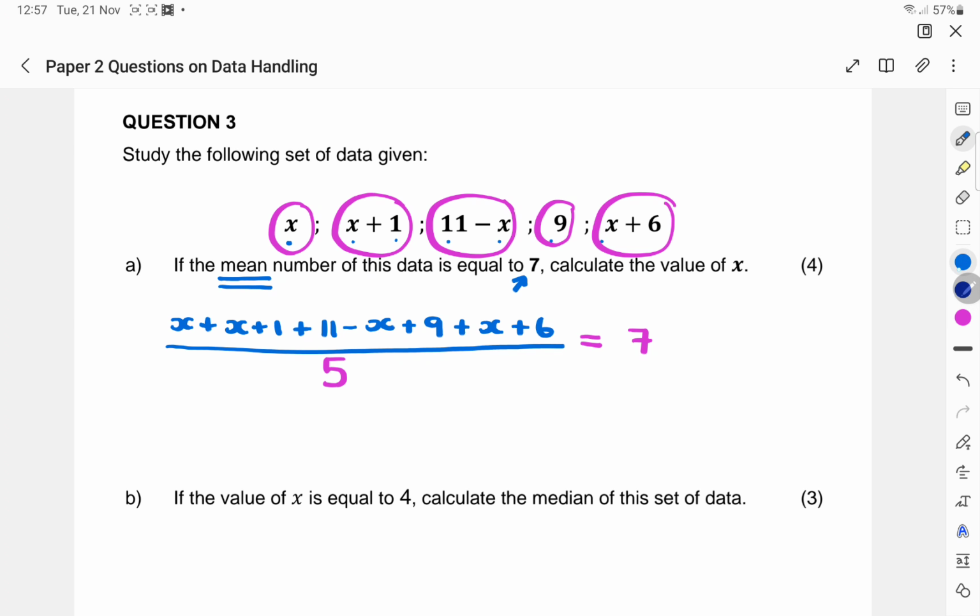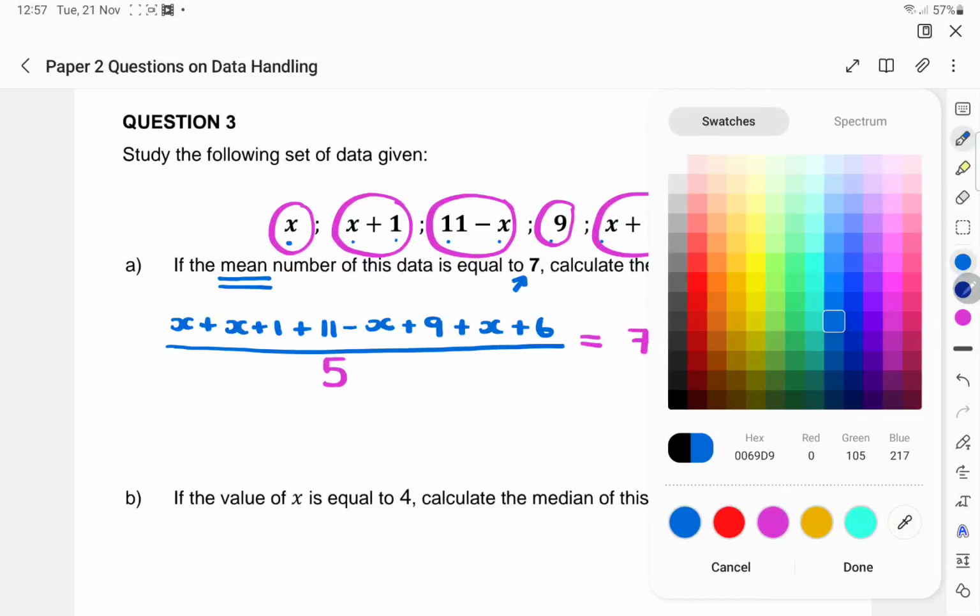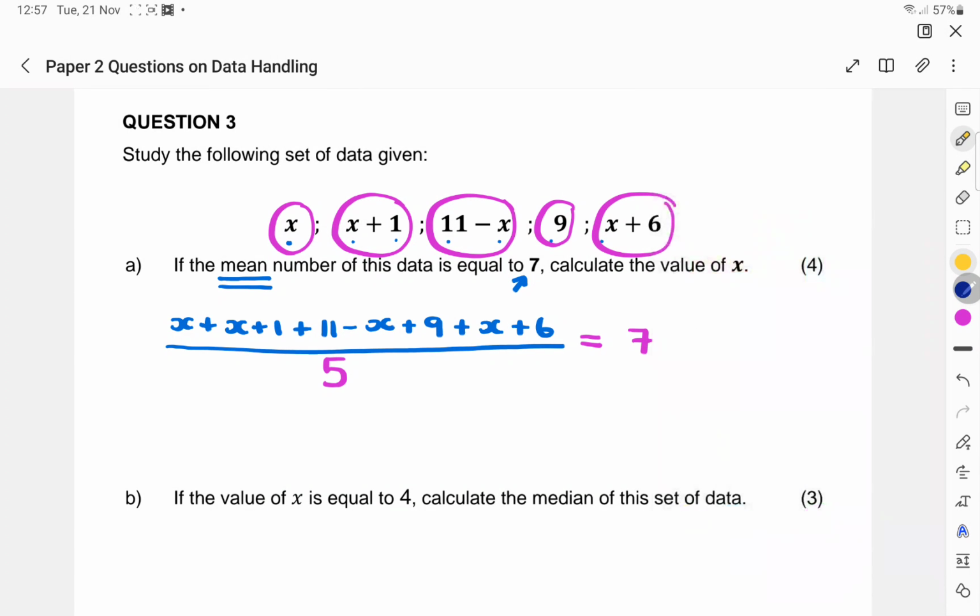So now your algebra has to kick in, and then you're going to say x plus x minus x plus x. What does that give me? x plus x is 2x, minus x is x, plus x is 2x. Okay, so if I add all the like terms, 1, 2, 1, 2.